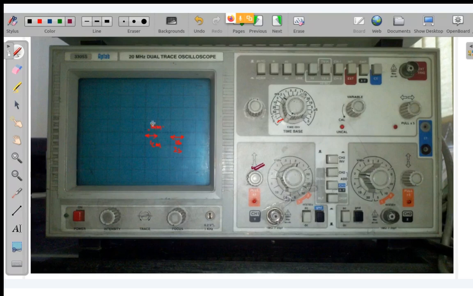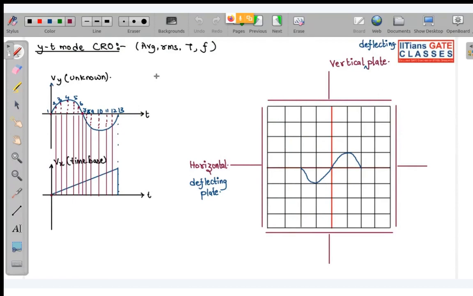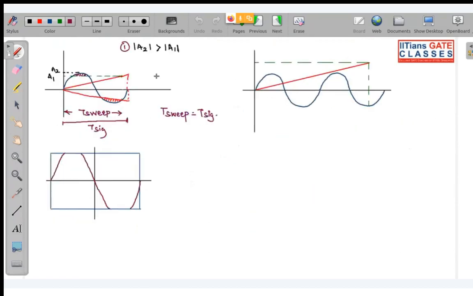So actually you are moving the signal either up or down, but internally you are changing the amplitude of the sweep signal on your YT mode. Are you getting it? Yes, sir. So by doing this we can eliminate the error, right? Yes, obviously you can eliminate the error. I am telling you just with a proper or improper setting how your signal will look on the screen.